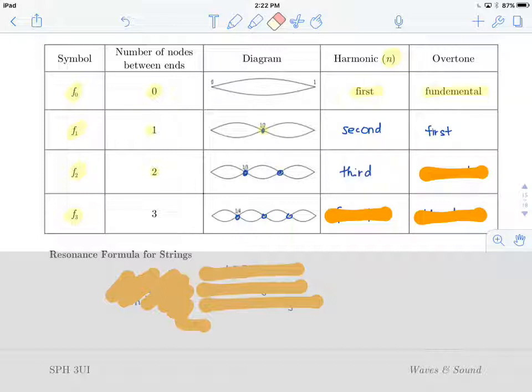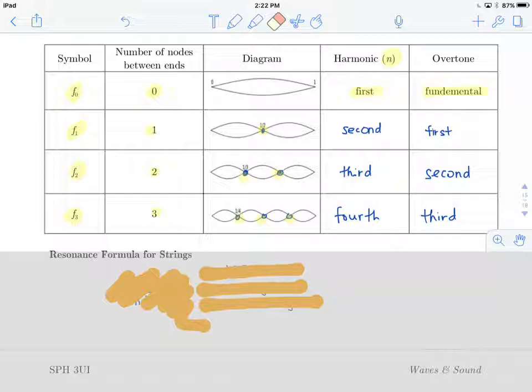This is the third frequency and the second overtone. For this one we have two nodes in between the ends, and you can see them here and here. Last on our list, but certainly not last on the overall list, we have 3 nodes between the ends, 1, 2, 3, and we follow the pattern. This is the fourth harmonic and the third overtone.